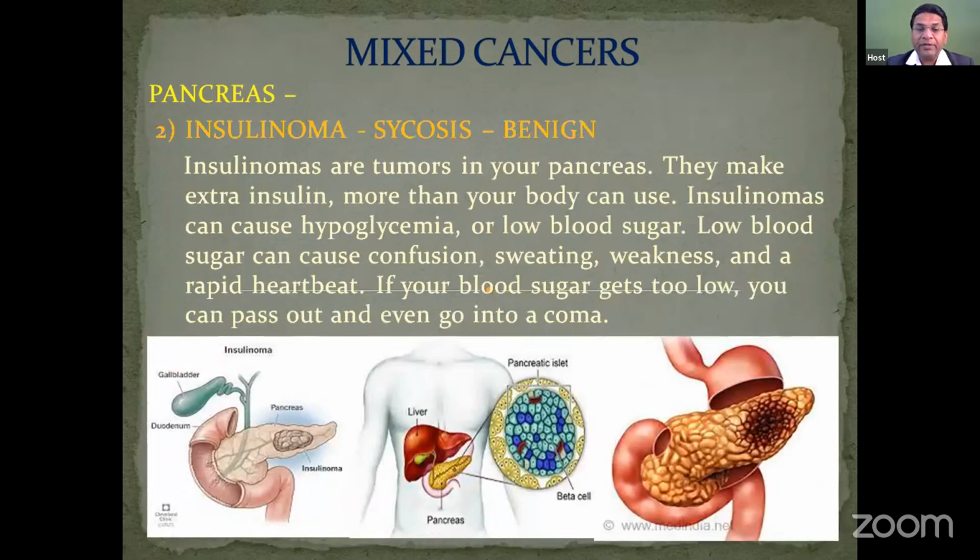Now, insulinoma. Insulinoma, it is benign. Insulinomas are tumors in the pancreas. They make extra insulin more than your body can use. इसमें excess secretion of insulin होता है, जिसकी वजह से body sugar level sudden down हो जाती है. Patient becomes collapsed or goes into coma. Yes, so comatose condition भी इस पेशेंट में आ सकती है. इसीलिए इन पेशेंट को बार बार शुगर इनटेक करना पड़ता है, क्योंकि बहुत सारी इंसुलिन लेवल बढ़ जाती है.